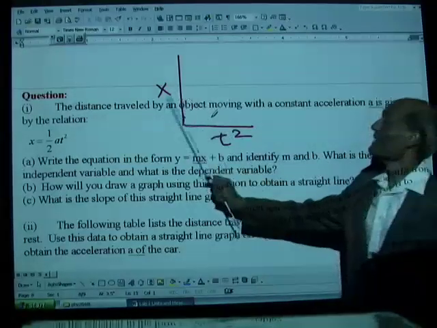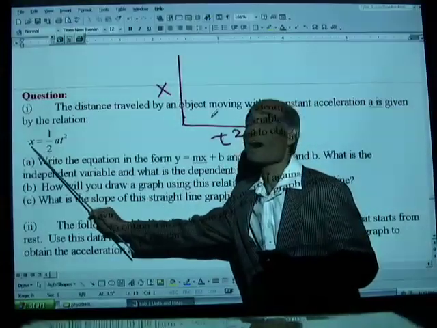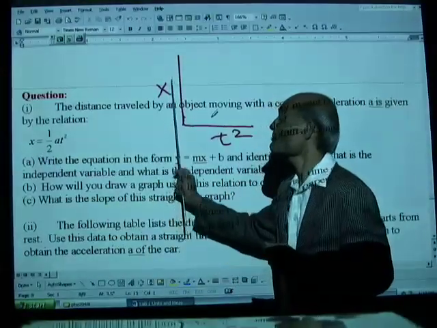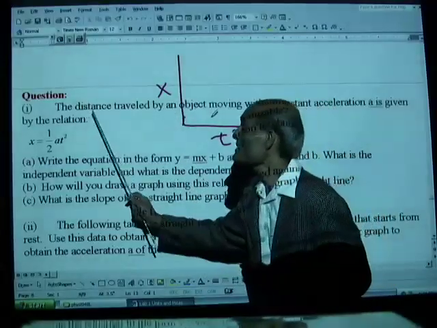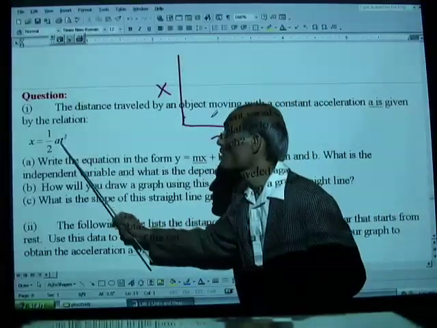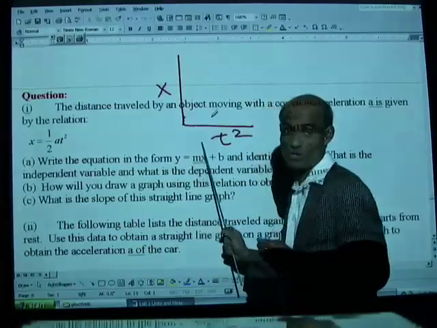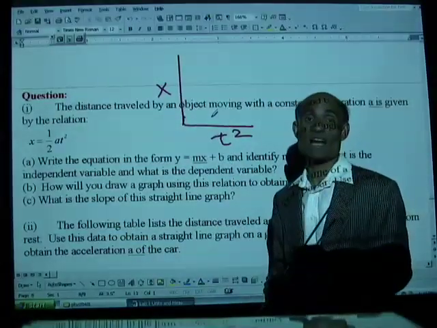You see that? In place of y you have x, so your x must be on the vertical axis, and t squared is in place of x, so t squared on the horizontal axis.